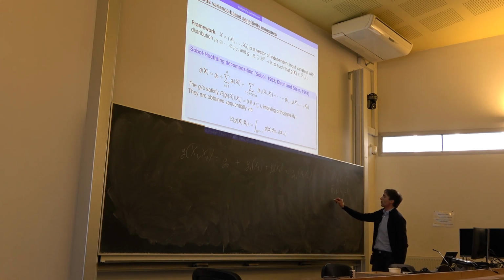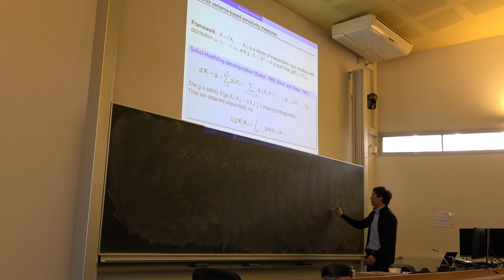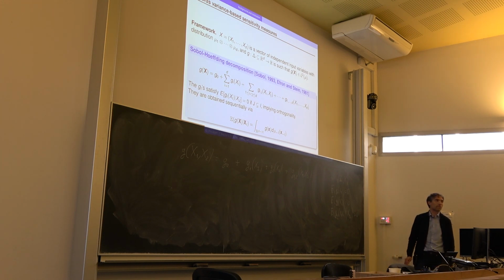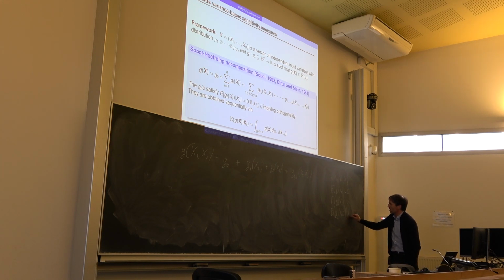The same, of course, for the second one. And for this one, you assume that when you project it onto x1, for instance, it is 0. And of course, it's true for x2.